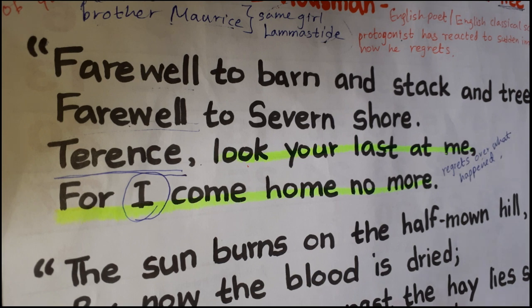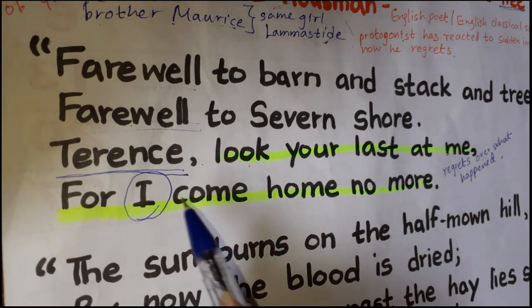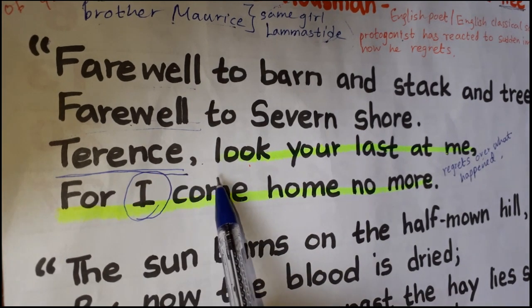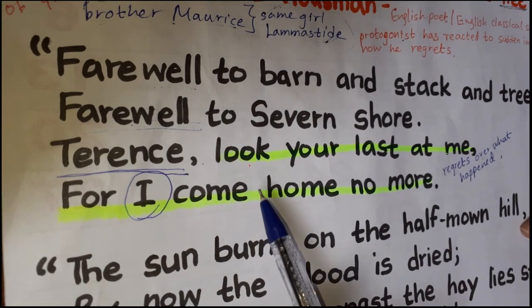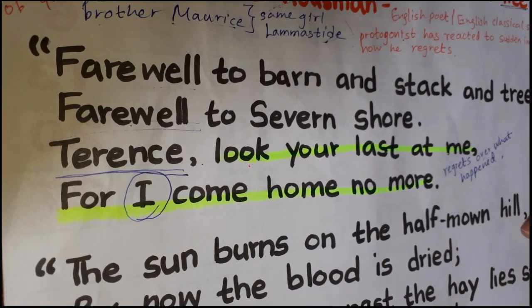So here also he is addressing Terence, but it is said that his brother's real name is Maurice. However, the narrator is talking to Terence, and now he is bidding farewell and telling, "Look your last at me."